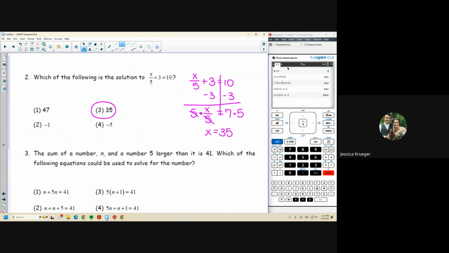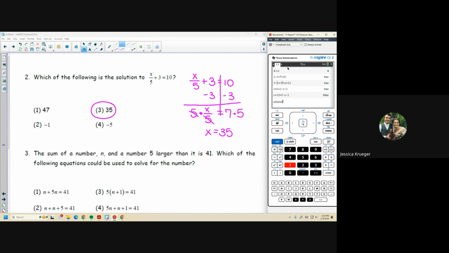Here's a second way that you could do this. A second way would be to go to menu and go down to number 3, algebra. You're going to notice that there's something called numerical solve, number 1. You can put any equation in here as long as it's linear, and it will give you your solution.